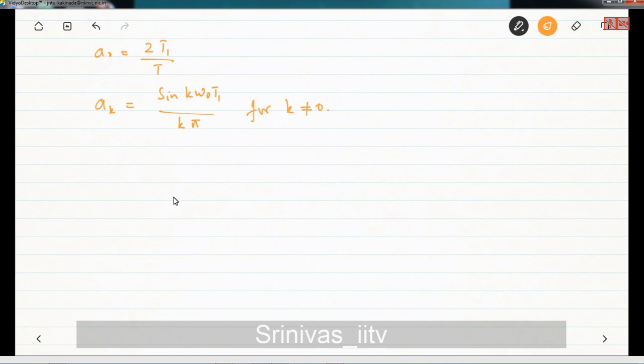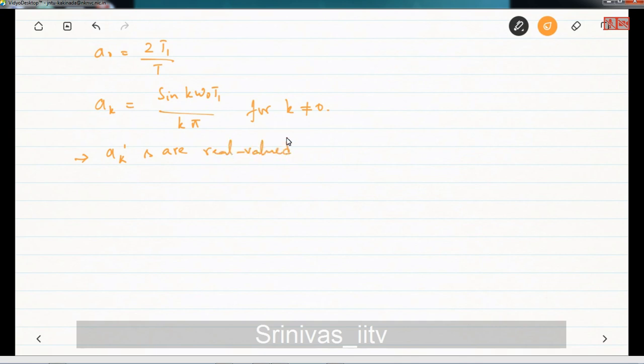So okay, one fact is that these Fourier series coefficients are real valued. The AKs are real valued.